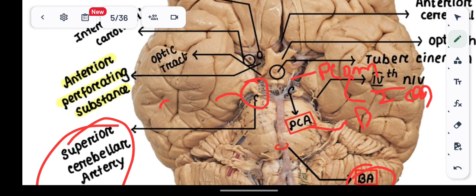So what will we get? If the posterior communicating artery has an aneurysm, it will impinge on the optic chiasma. So we will get heteronymous hemianopia, also called bitemporal hemianopia. Please don't confuse it with the optic radiation lesion or a lesion below the optic radiation, which gives homonymous hemianopia.